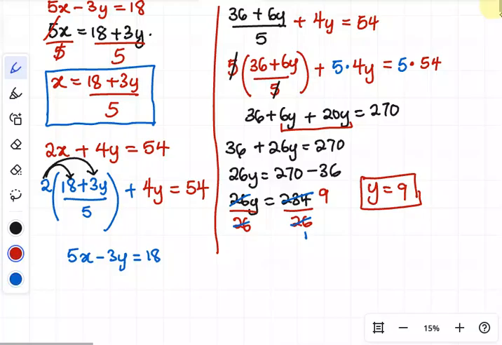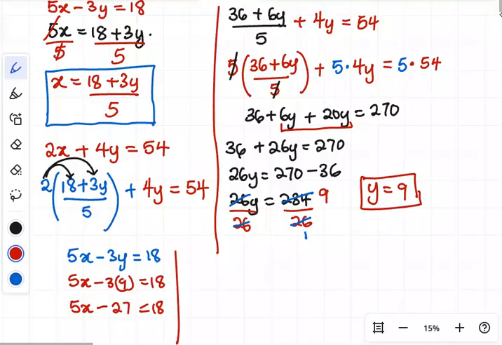So I substitute y for 9. I have 5x minus 3 times 9 equals 18. So here I have 5x minus 27, because 3 times 9 is 27, then equals 18.